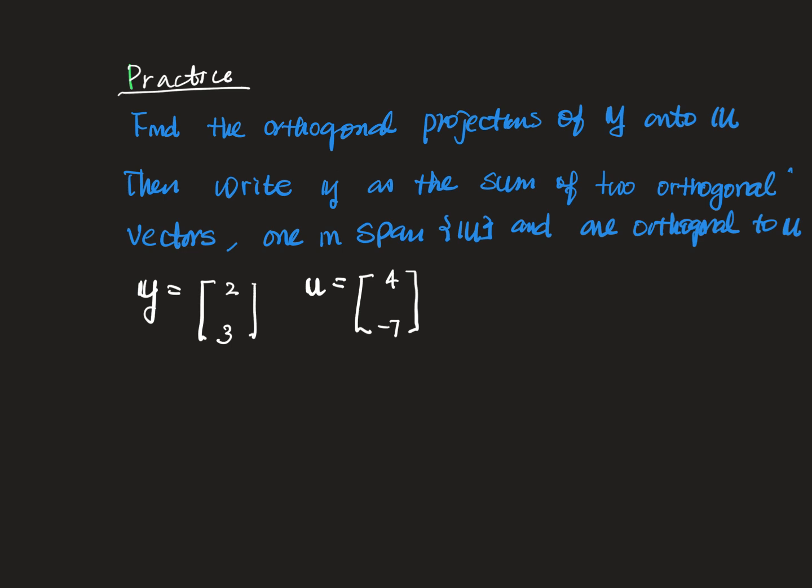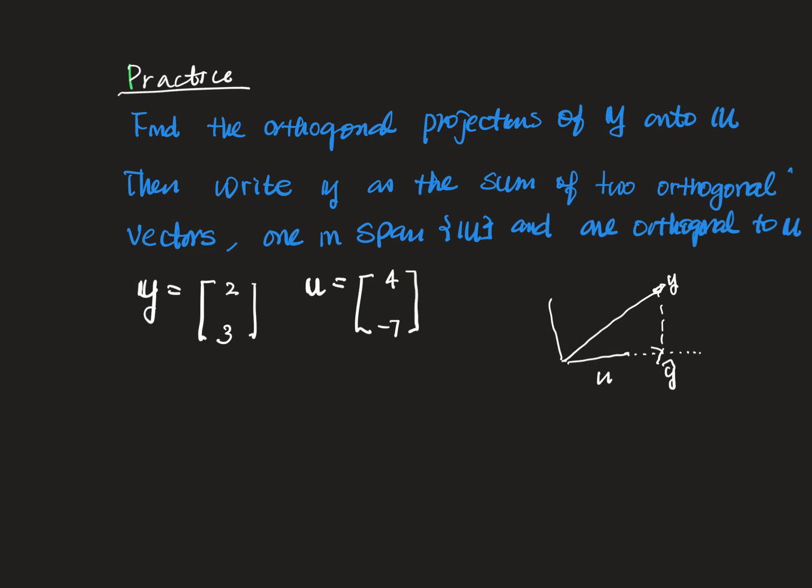Let's practice this example. We want to find two orthogonal vectors whose sum is the y vector when you're given the u vector. So the idea is, the y vector is right there, and here's the u vector. Then you find the projection of y onto the u vector. That's going to be y hat.